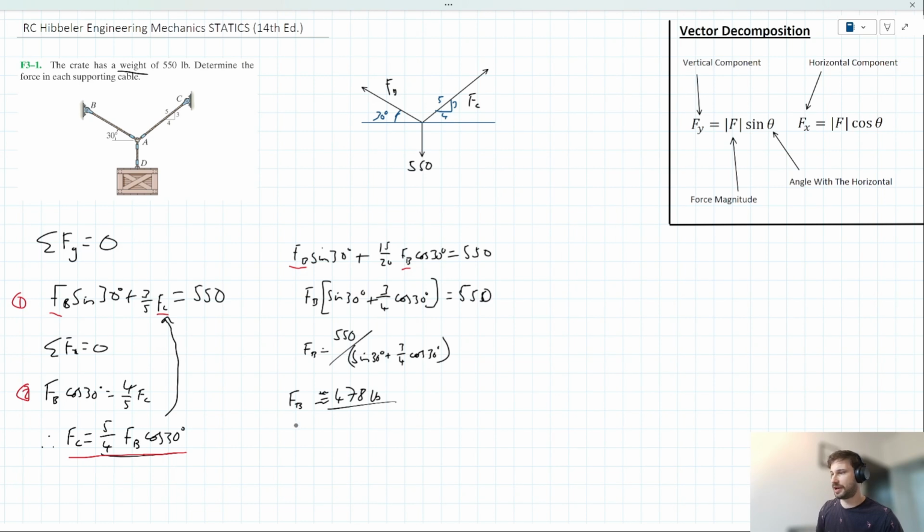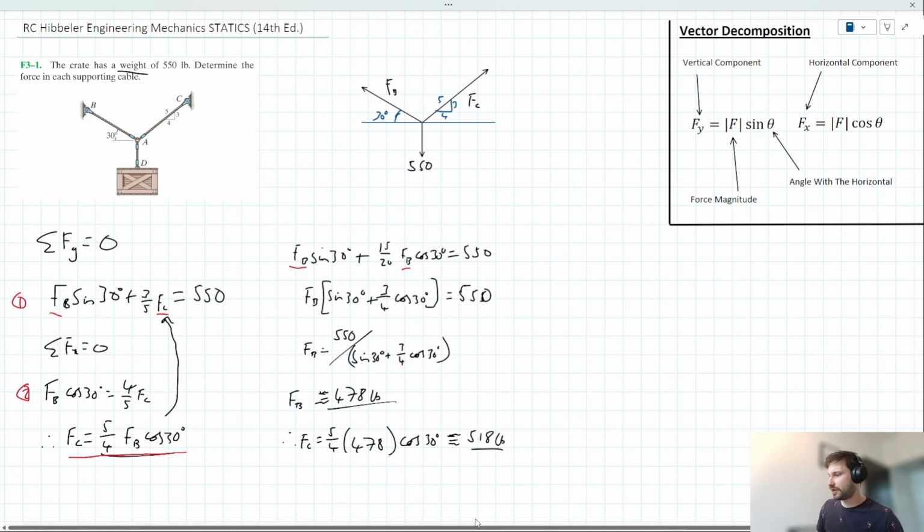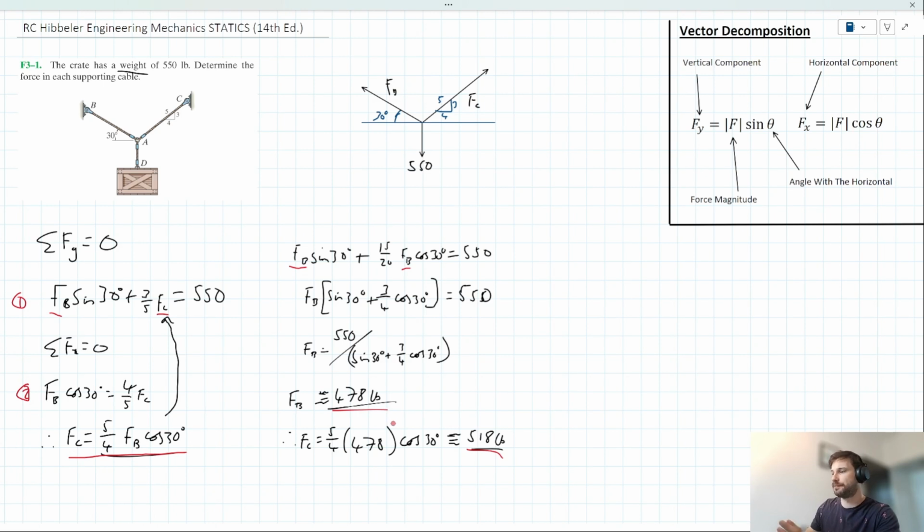So FC is equal to 5/4 of 478 times cos 30, which roughly comes out at 518 pounds. And these are our two solutions: 518 pounds for FC and 478 for FB.